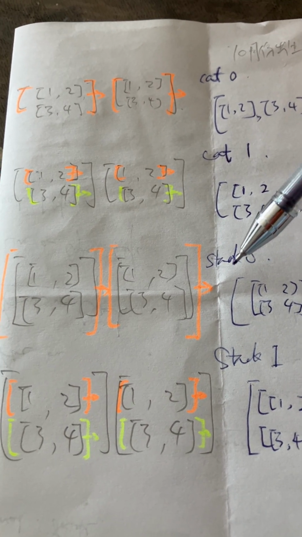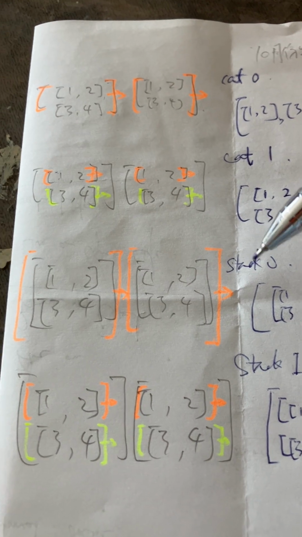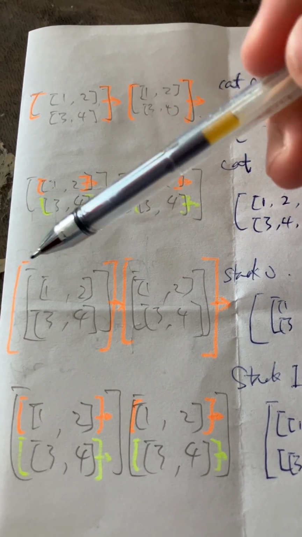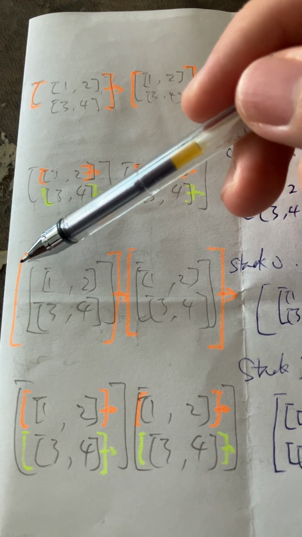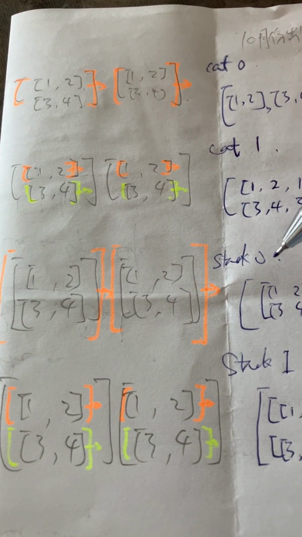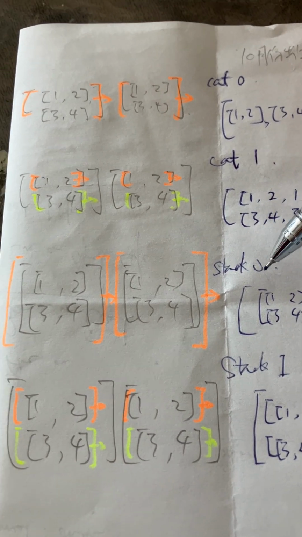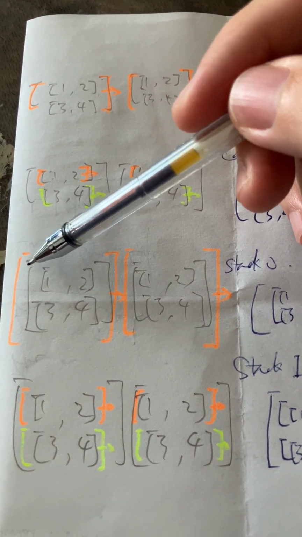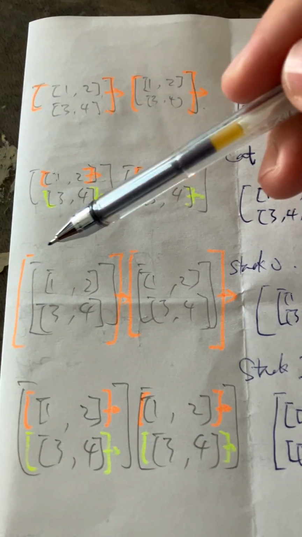What's the difference between the cat and the stack is that the stack function will require us to add another bracket along the specified dimension. What I mean is that for the 0th dimension, it will be like this bracket, right? Just like what we did in the cat.